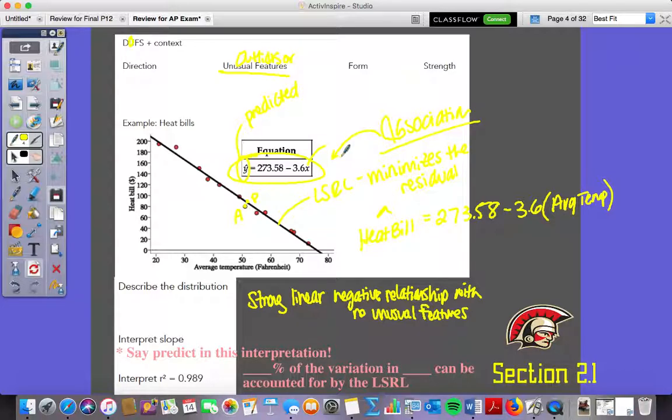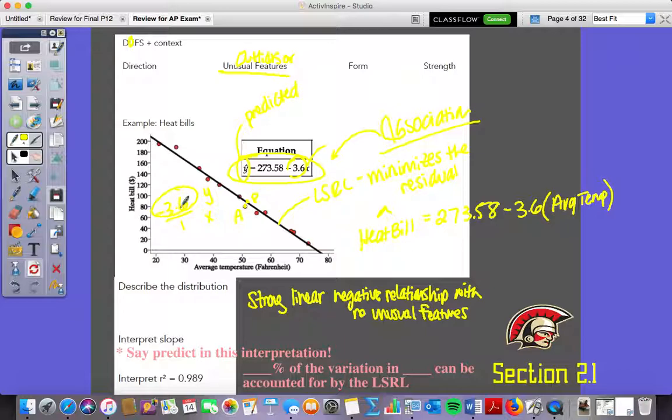Interpreting slope, this is just something to remember. If I interpret slopes, like up here, literally you're just interpreting that. So negative 3.6 over 1. This is the rise over run, right? So this is rise, so as y over x.